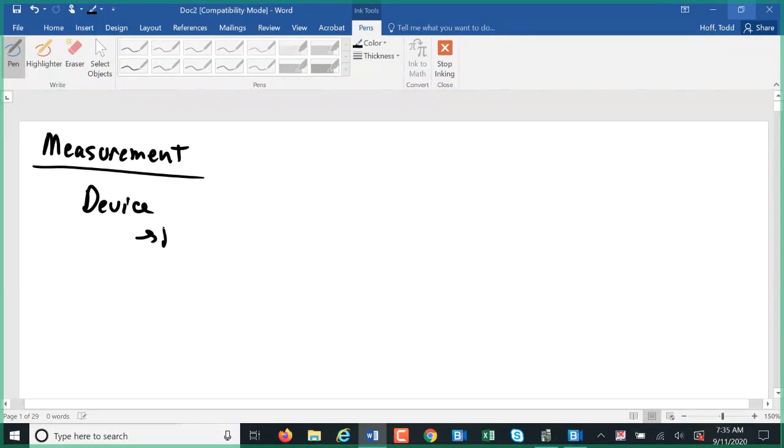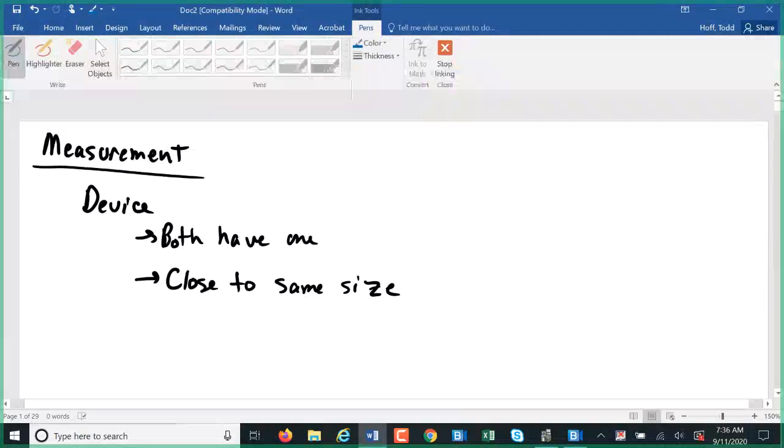Both people had to have one, and they have to be at least really close to the same size. Now, in modern times, they're exactly the same size because we've standardized them.